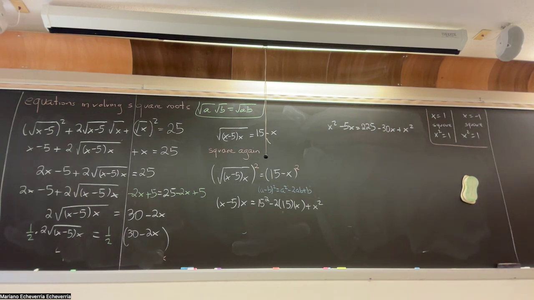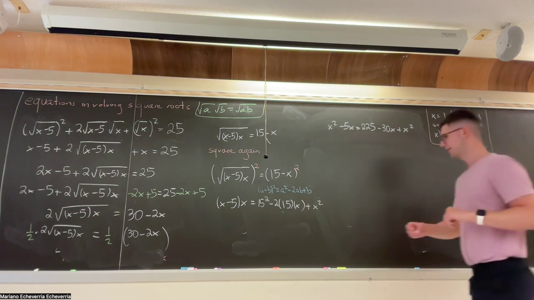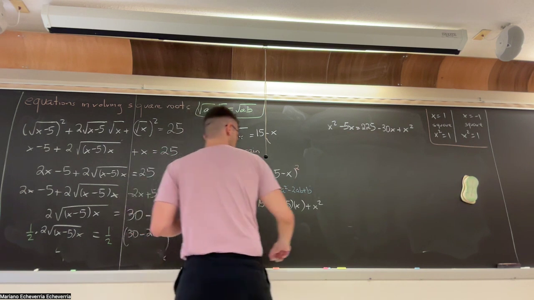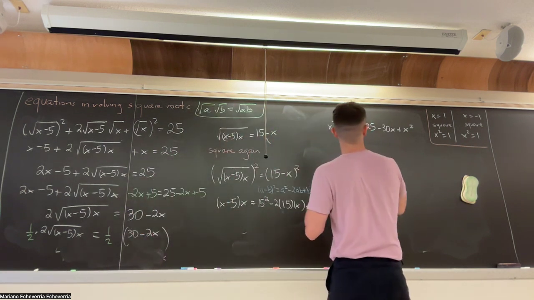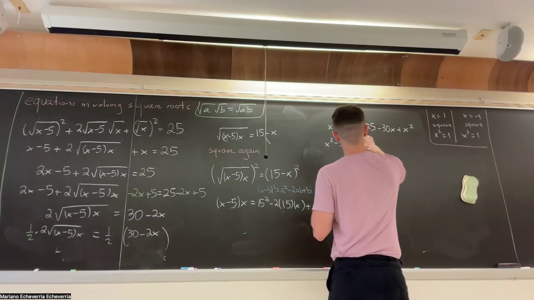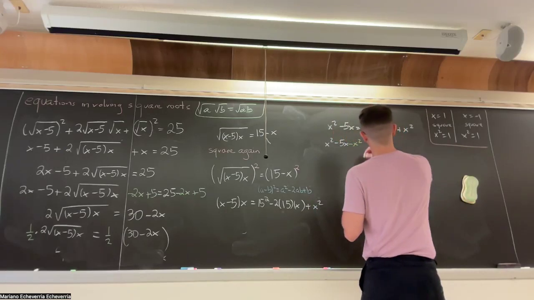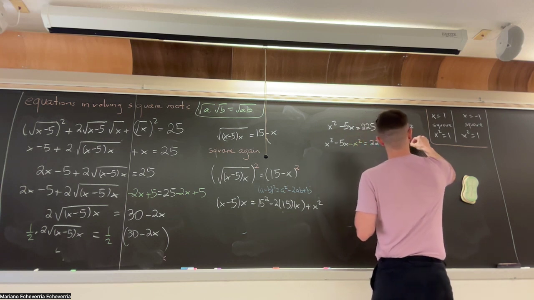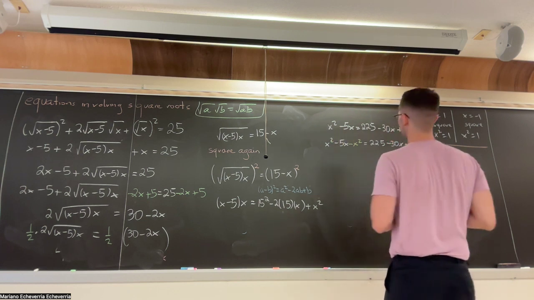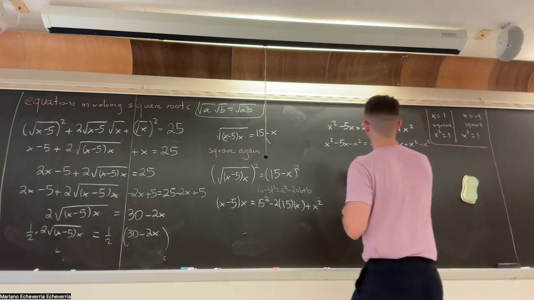Okay, we're almost there. So you subtract x squared on both sides, because x squared was the same term on both sides.